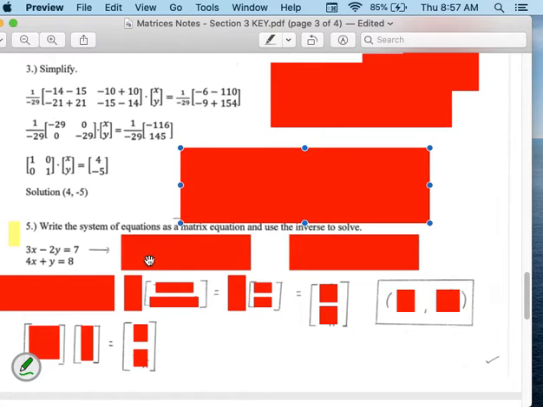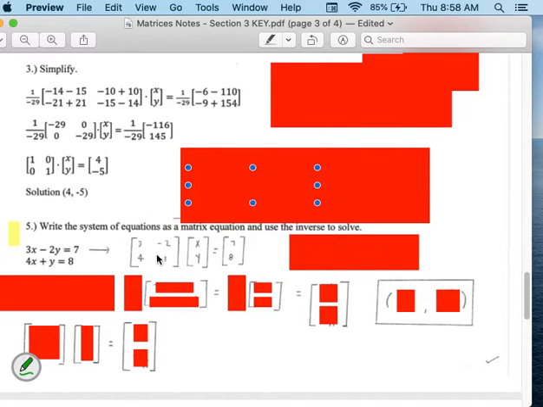Let's write it out as our matrices. You take your variables as x, y, and our coefficients, our variables, and then the constants are last. Okay?